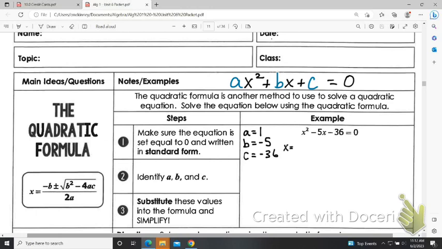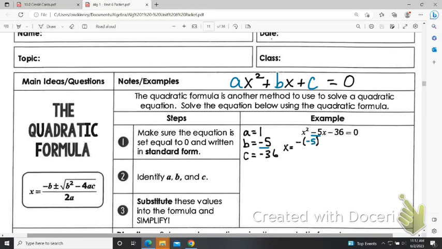So x is going to be equal, remember we're solving, to, you see the formula over there, negative b. So at first I'm going to write, there's a negative in the formula, and then b actually is -5. So everywhere I'm plugging in -5, I'm going to use blue to help you see what I'm doing.